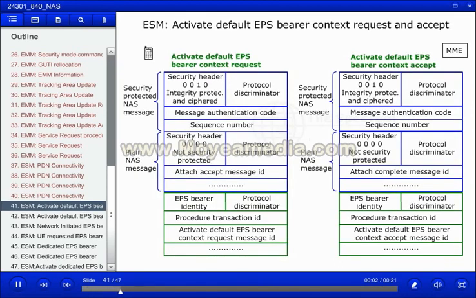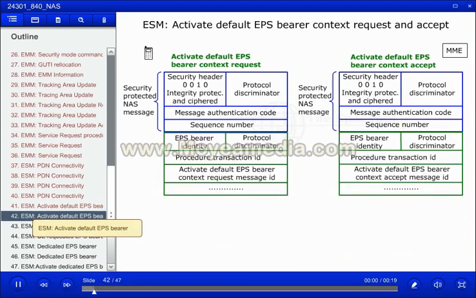Here the activate default EPS bearer context request and accept messages are illustrated when they are sent as a part of the attach procedure. Here they are illustrated when they are sent as standalone messages.